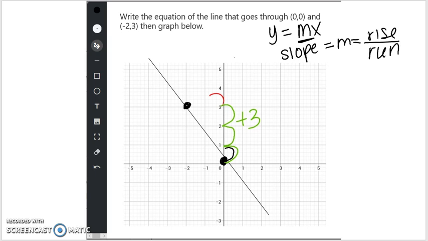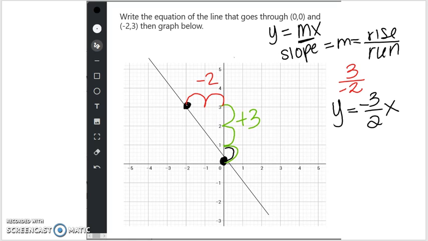But now we're going 1, 2 backwards, so 2 in the negative direction. So my slope is 3 over negative 2. So my equation will be y equals negative 3/2 x.